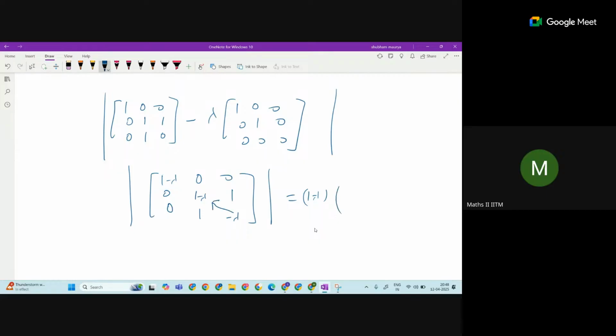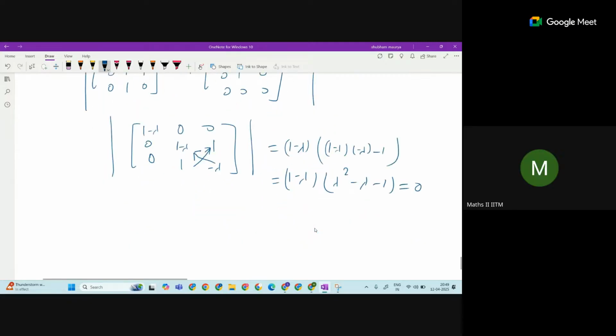So this is 1 minus lambda, and minus 1, and this is 1 minus lambda. This is 1 minus lambda, and this is lambda square minus lambda minus 1, equated to 0.